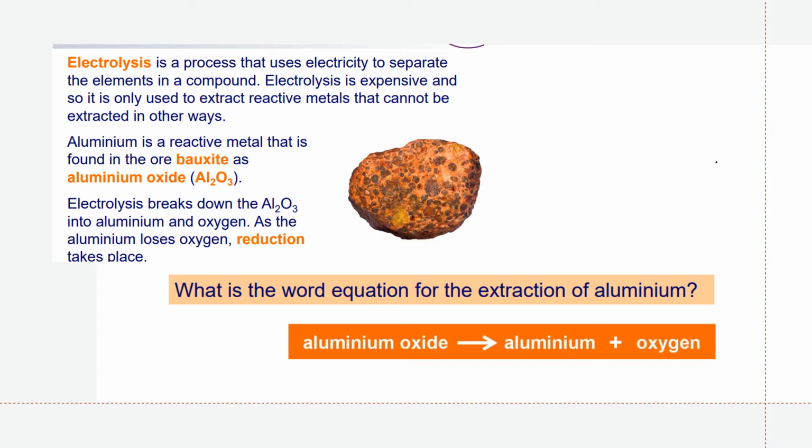Electrolysis breaks down the Al2O3 into aluminium and oxygen. As the aluminium loses oxygen, reduction takes place. What is the word equation for the extraction of aluminium? Aluminium oxide to aluminium and oxygen.